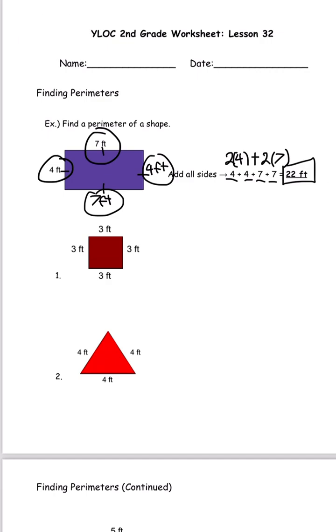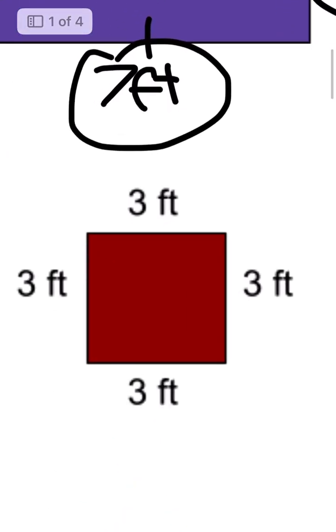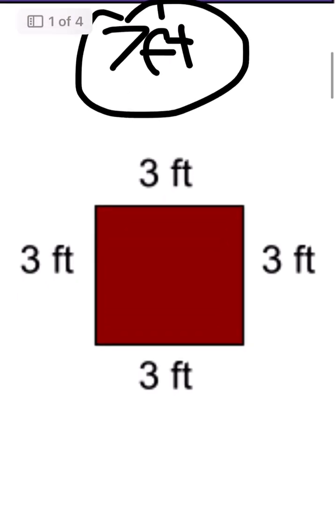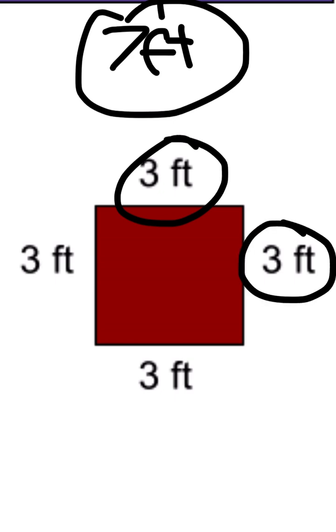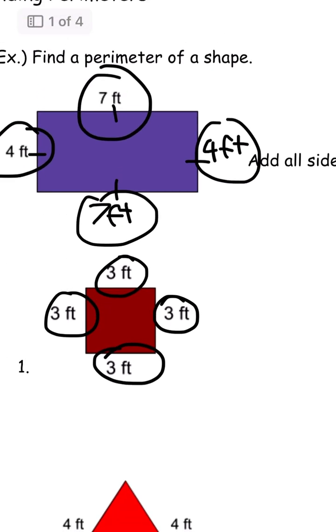So let's try it. So let's look at number 1 then. So this is a rectangle and it has all the same sides. So 3 feet, 3 feet, 3 feet, and 3 feet. So we have all the same size.